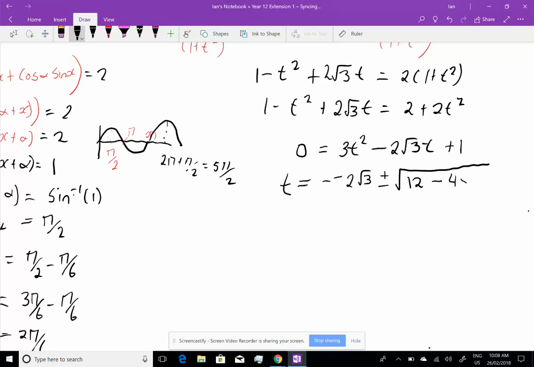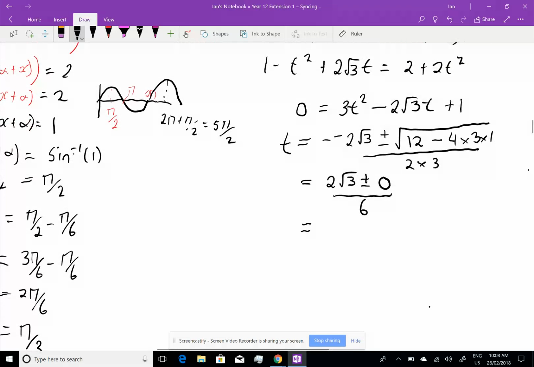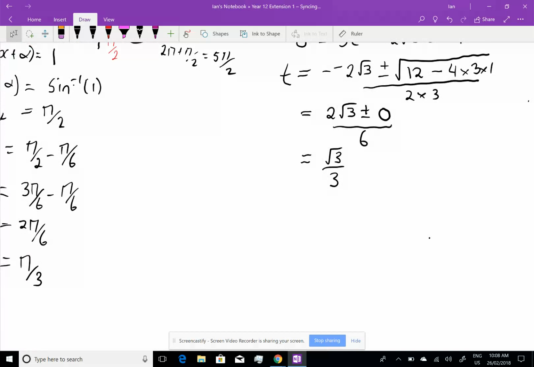Minus 4 times 3 times 1, over 2 times 3, which gives me 2 root 3 plus or minus 0 over 6. 2 root 3 plus or minus the 0, 12. That's going to make it easier, which gives me root 3 on 3. So now I know that t equals root 3 on 3.